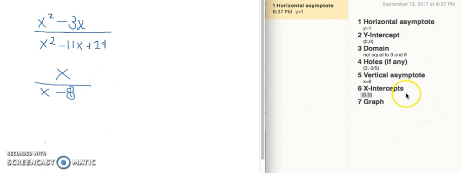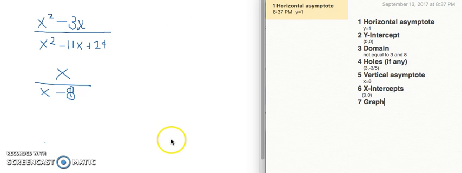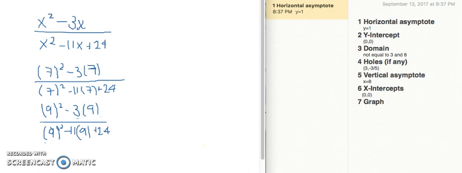Now, to have more complete information to graph it, we have to substitute some values to have extra points in the graph. I use numbers that are close to the vertical asymptote so I can get a closer view of how the graph is going to behave. So I used 7 and 9, which are close to 8.